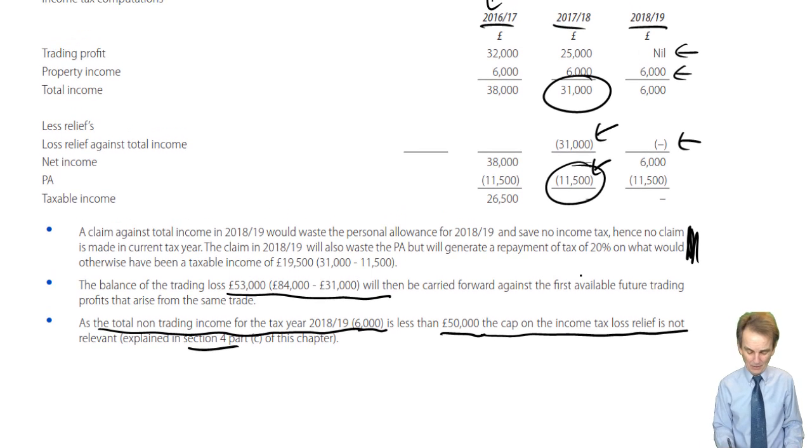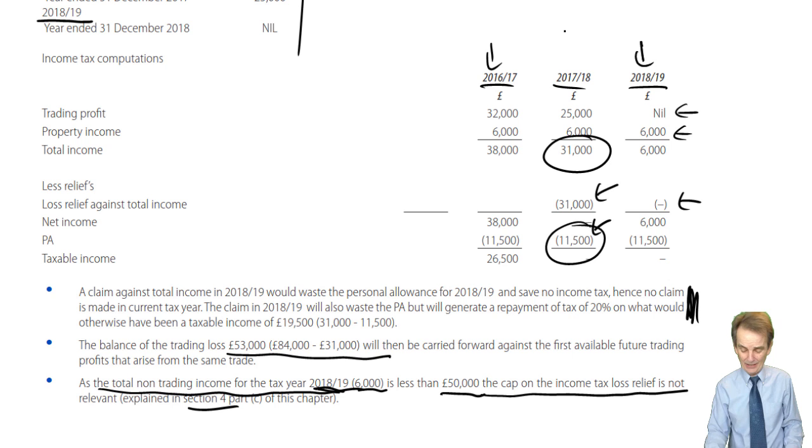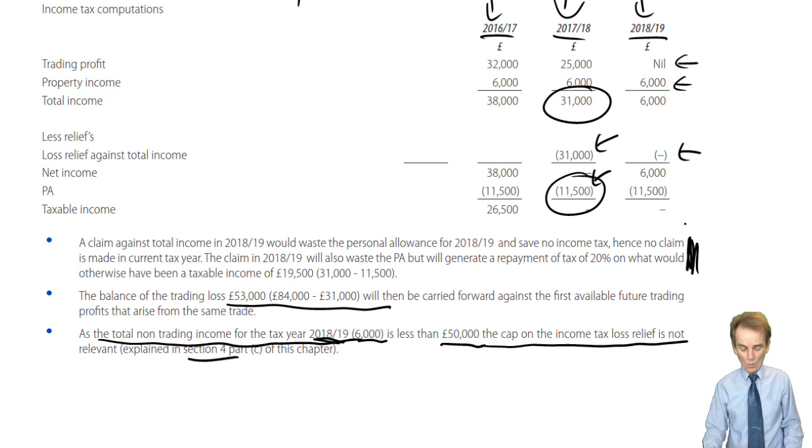Now, in fact, it shouldn't be saying 18-19 there, because we're not making a claim against 18-19. There is the claim against the total income. What it means is, as we will see in section 4, that we have this cap that is a minimum of 50,000, it may be higher, but that cap only applies to other non-trading income.